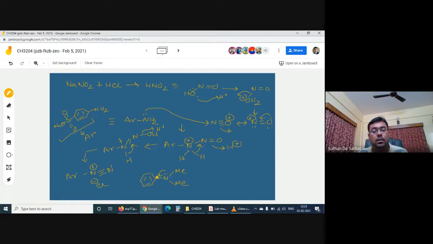This electron-rich aromatic system can now act as a nucleophile. This nitrogen is positive, and any cation lacking electrons can be a good electrophile. Same here: NO plus is also a good electrophile, and the diazonium salt can also be a good electrophile.